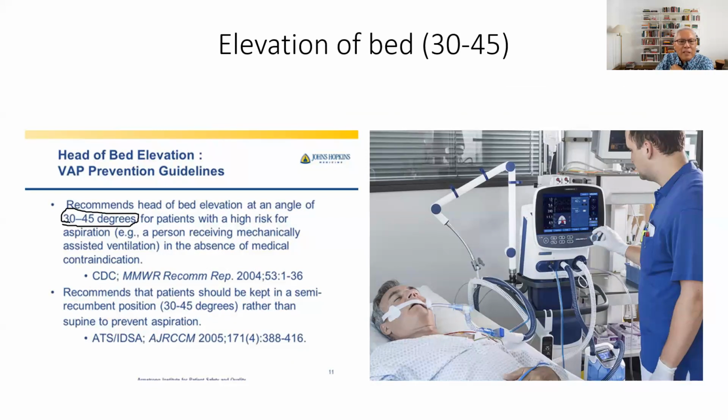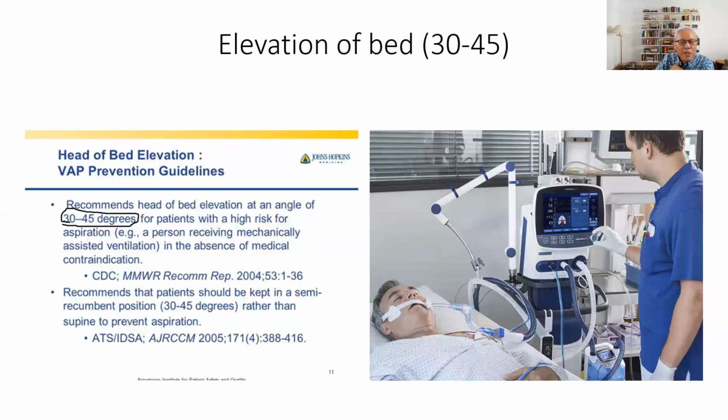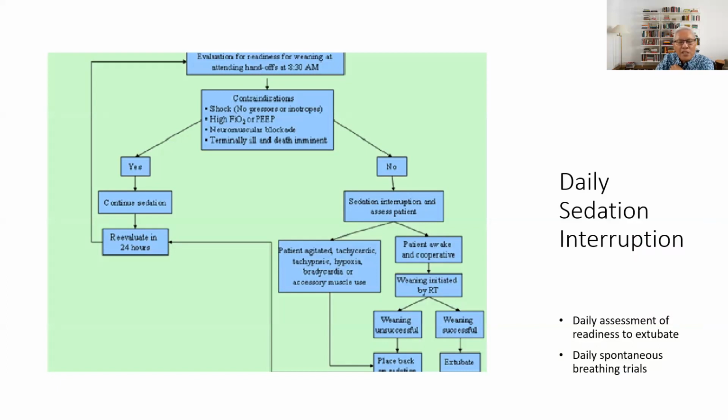Okay? And of course, the other thing is that the patient should be awake sometimes and should not be totally sedated. And this usually is accomplished by daily sedation interruption and a frequent assessment of the readiness of the patient to be extubated.